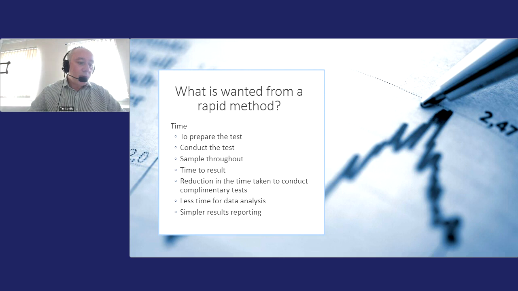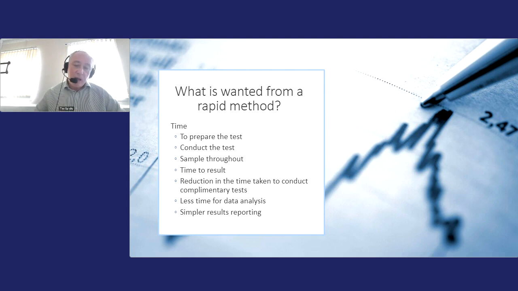So a rapid method might give us a result far more quickly, but the technology might involve the laboratory analyst spending longer preparing a sample. So if they have to, say, fluorescently label a sample, that step might take longer than a conventional, say, membrane filtration test.